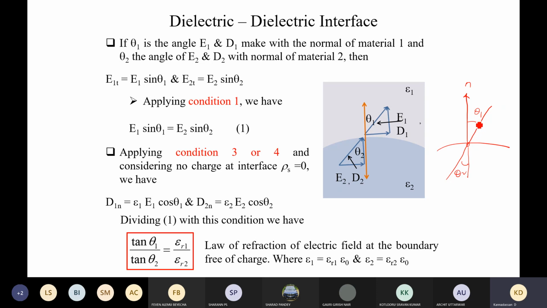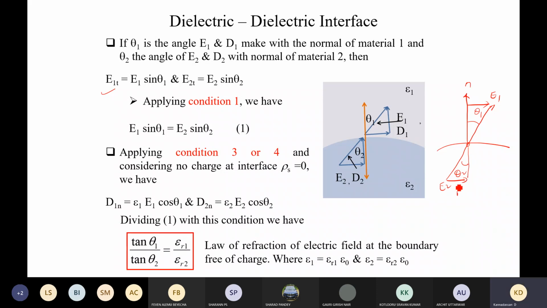And we also know that theta 1 is definitely not equal to theta 2 because of the refraction. So let's say this is E1 and this is E2. Considering this theta, we can get this component, the tangential component, which we can easily calculate with sine theta, because simply it is going to be the opposite side.